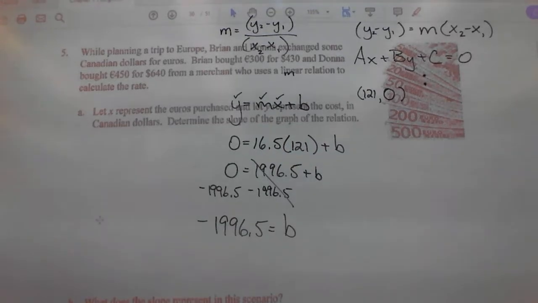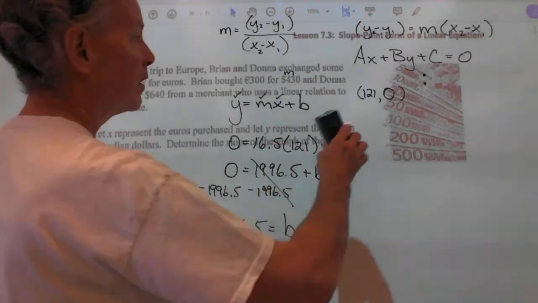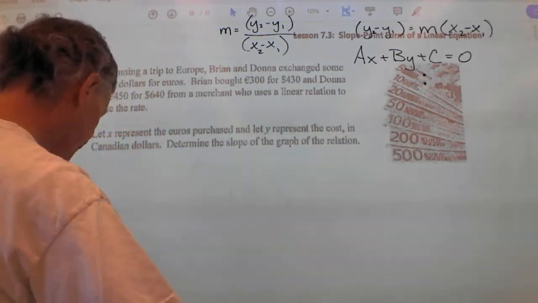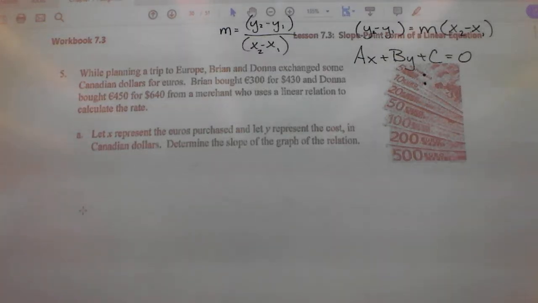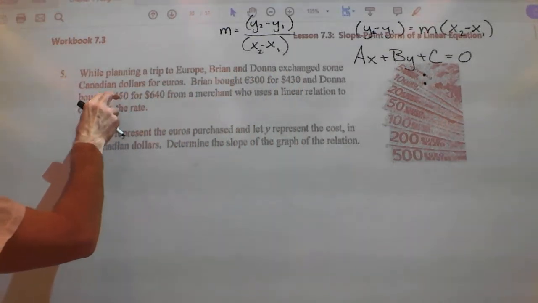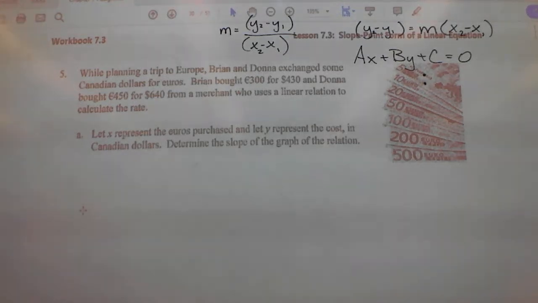Okay, word problems, always a little more challenging, just because of the whole comprehension thing. So, while planning a trip to Europe, Brian and Donna exchanged some Canadian dollars for euros. Brian bought 300 euros for 430, Donna bought 450 euros for 640 from a merchant who uses a linear equation to calculate the rate.